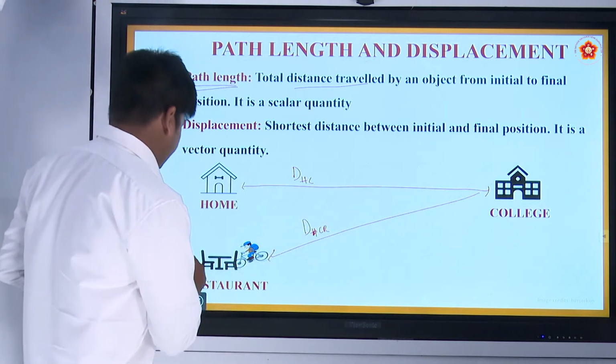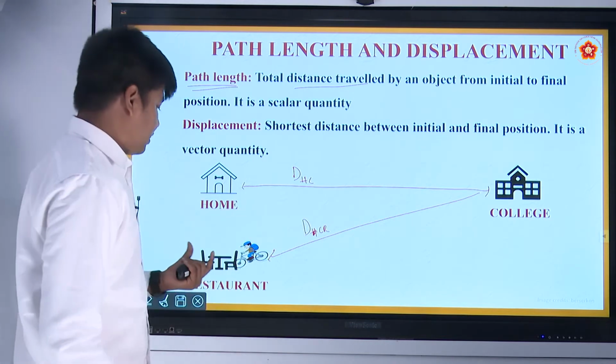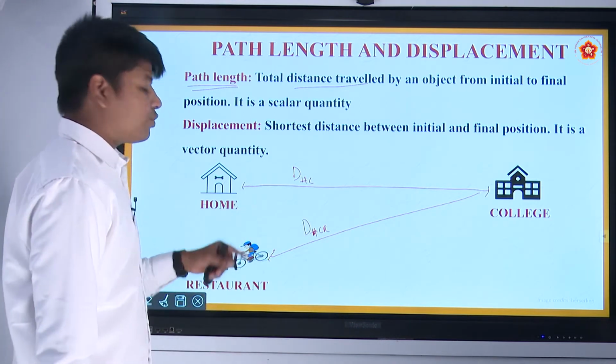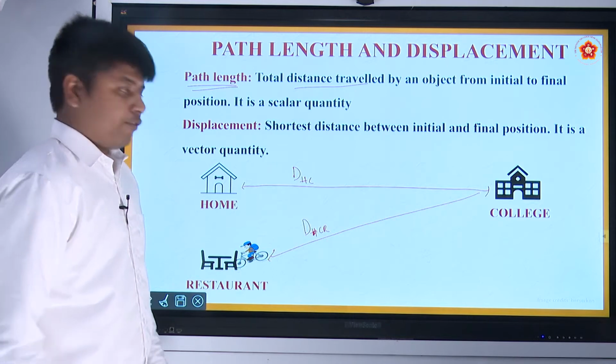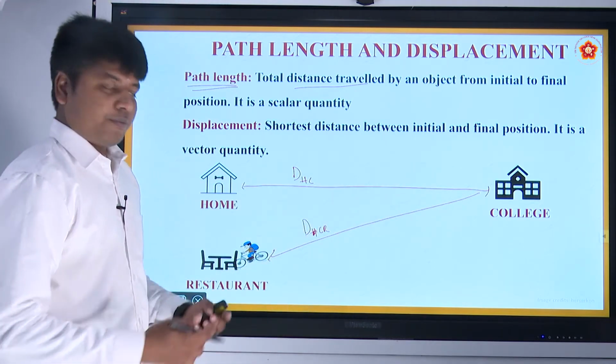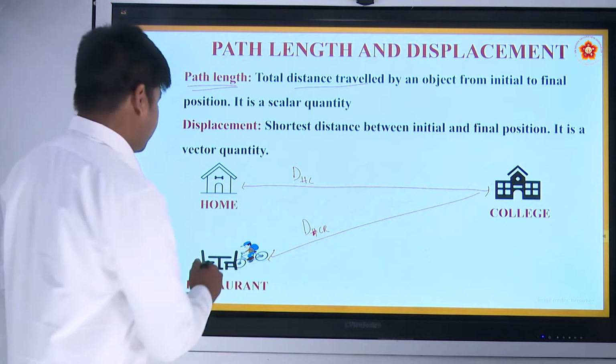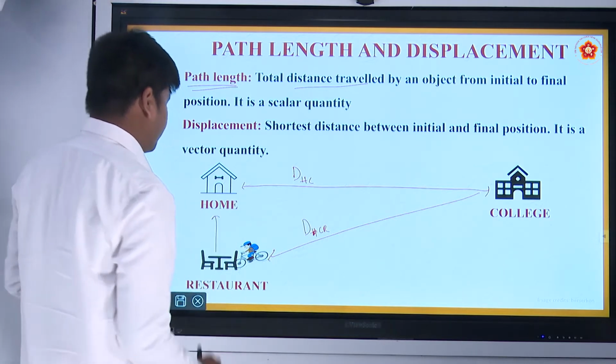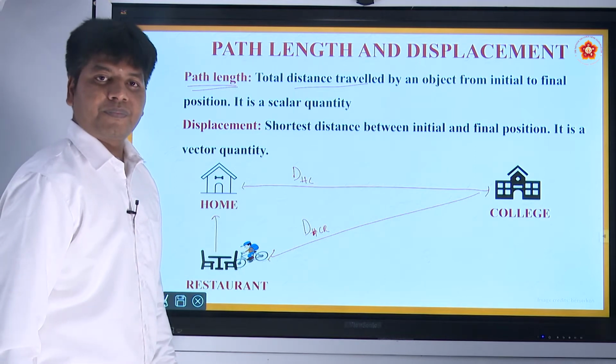Now if your friend, the same example which I quoted earlier, came and asked you where is your home, will you go back and trace back to say where my home is? No, we'll just say my home is here in this direction.